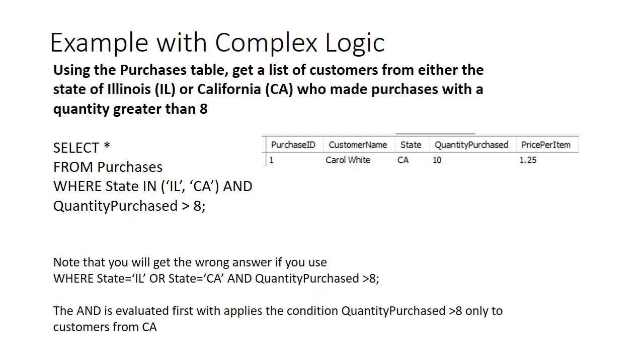That will go together. And then you will get anyone in the state of Illinois. So if you're writing your where clause out using this longer form of looking for states connected by the or clause, you'll have to use parentheses in order to get that logic to be evaluated in the order that you want it to.